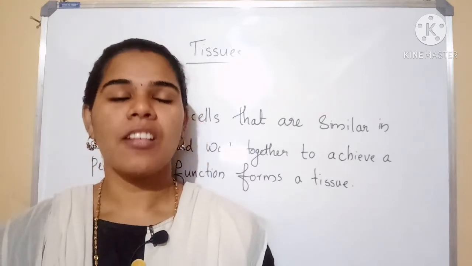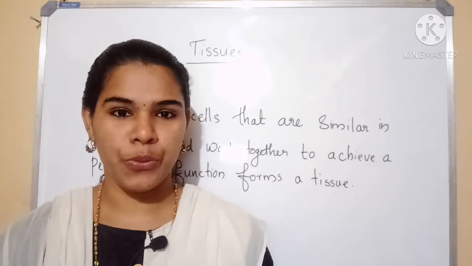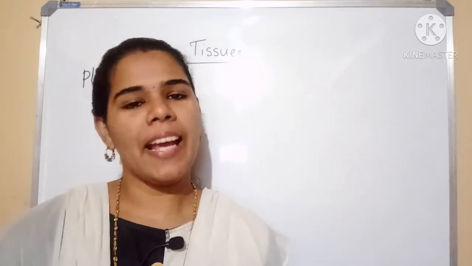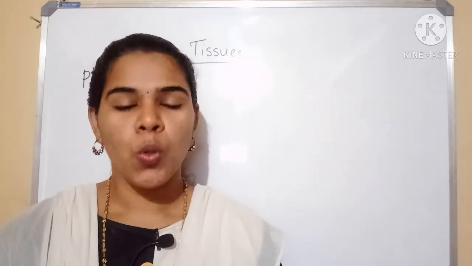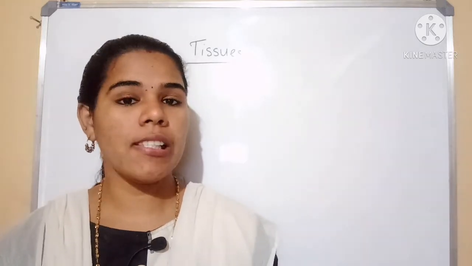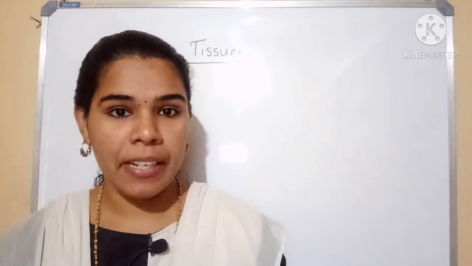First we learn about plant tissue. Let's move to plant tissue. Plants have two types of tissue. The first one is meristematic tissue and the second one is permanent tissue.